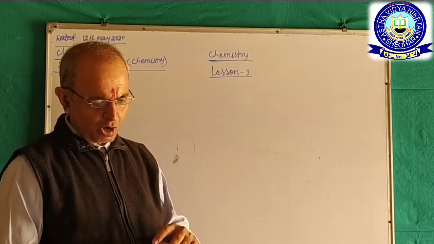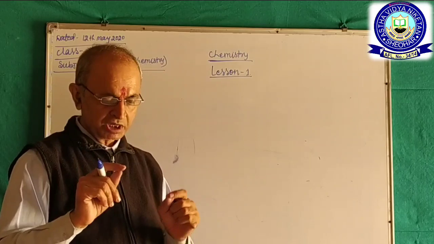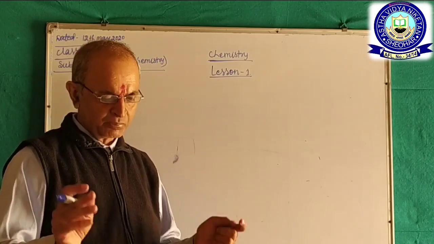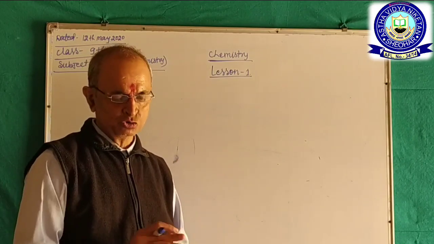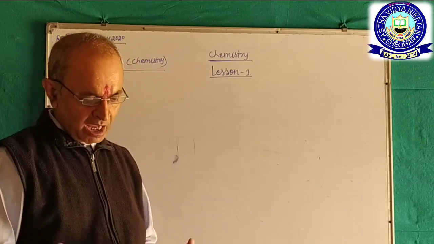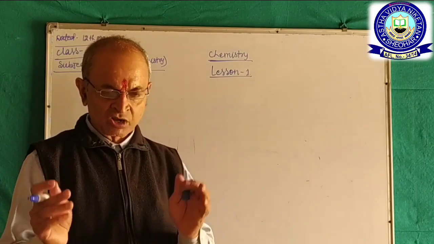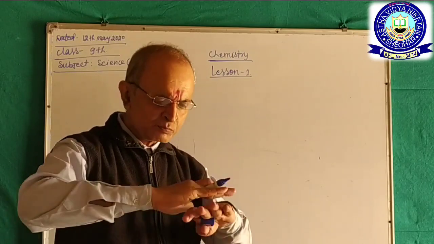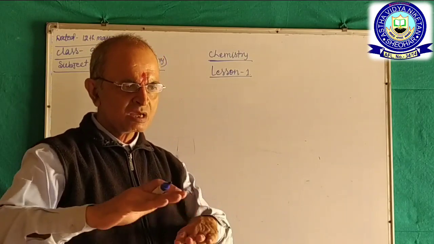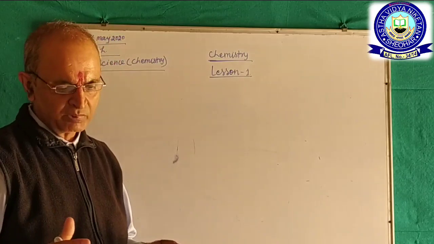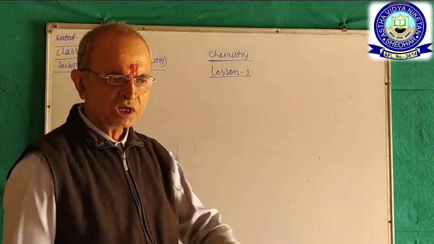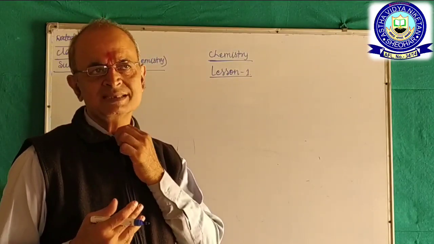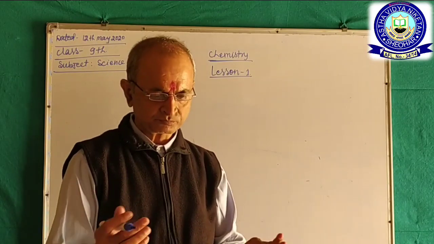Evaporation is the change of liquid into vapor at any temperature below the boiling point. It is a surface phenomenon, just the upper surface. But boiling is motion in the whole liquid.